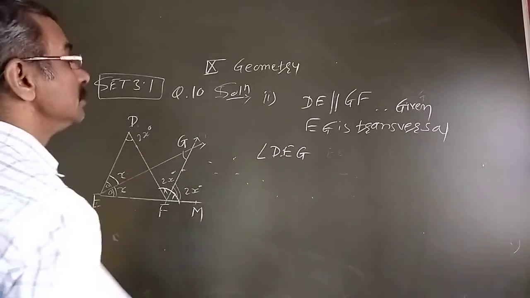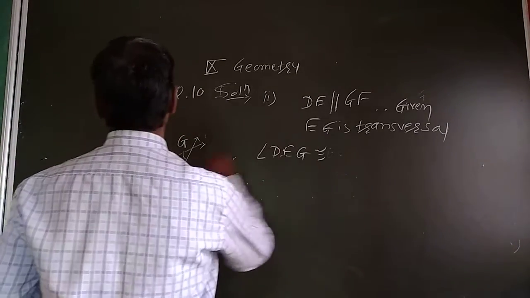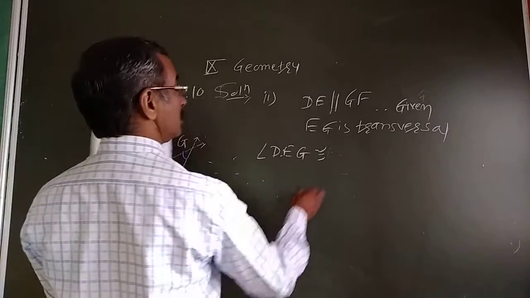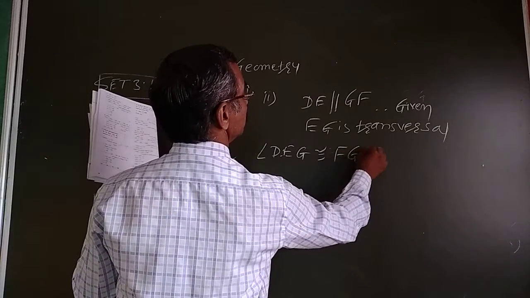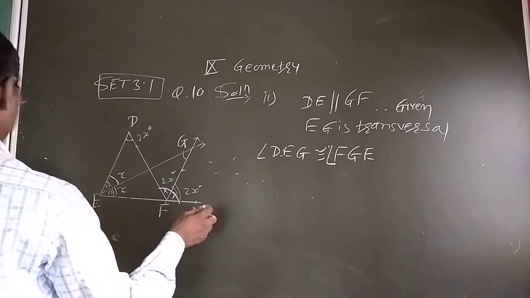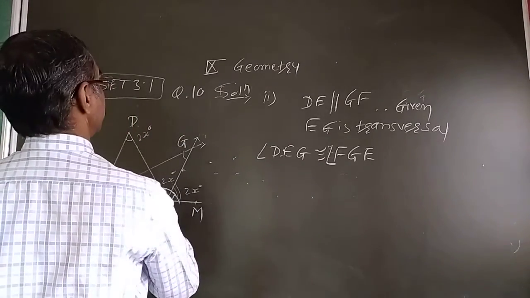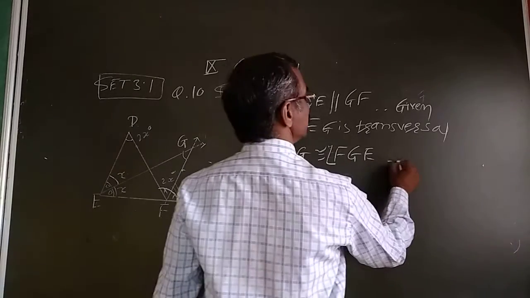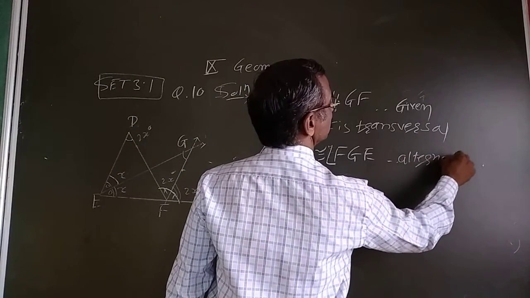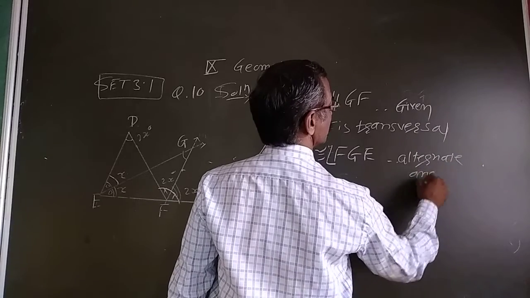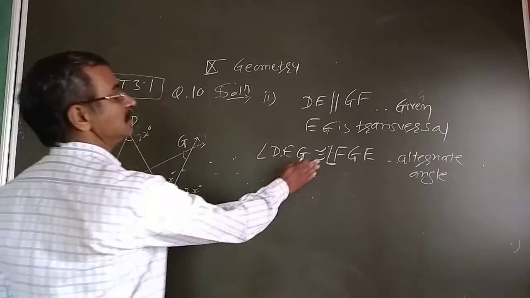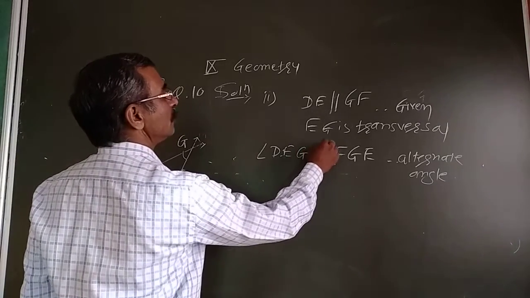So DEG is congruent with FGE. FGE is the alternate angle. These are the alternate angles of parallel lines, so they are congruent.